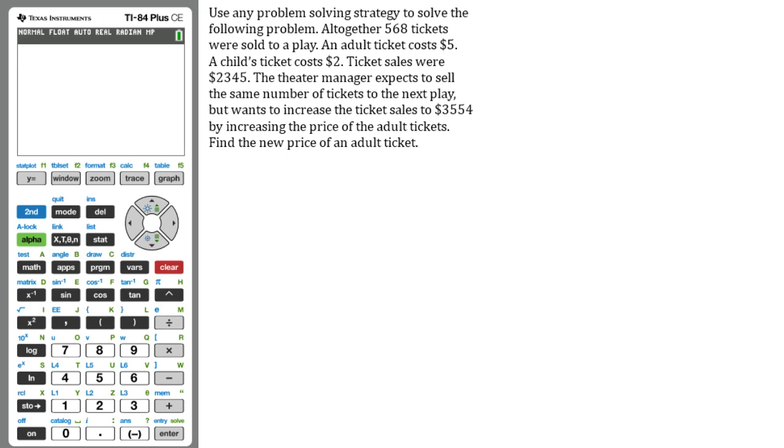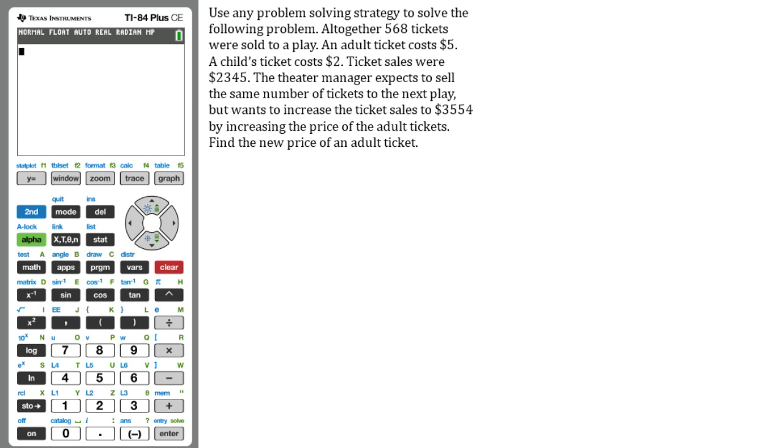Okay, well, we're going to do one thing at a time here. So there's two variables in this problem. The two variables are the number of adult tickets and the number of child's tickets. So first, let's represent those with variables.